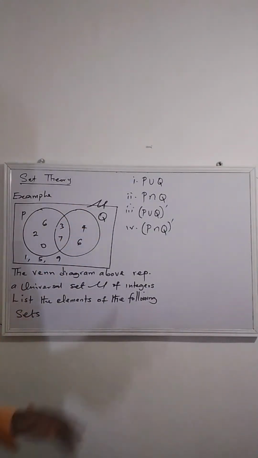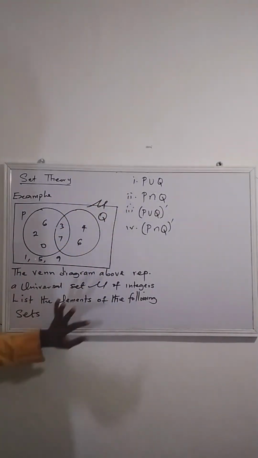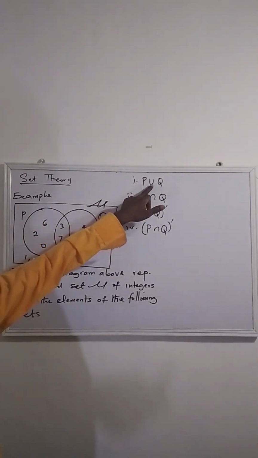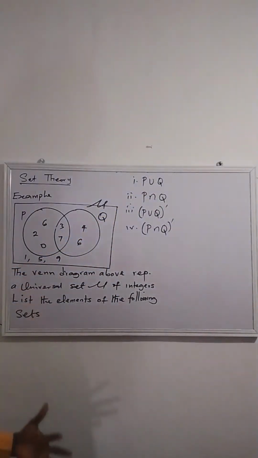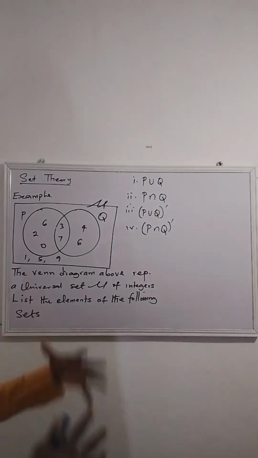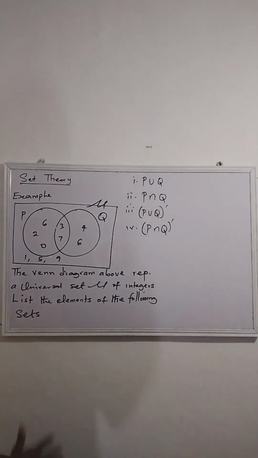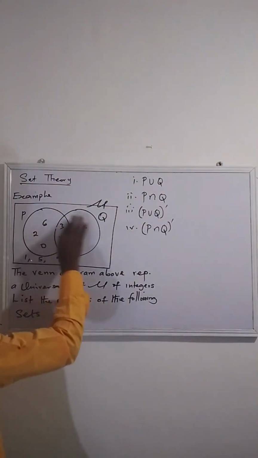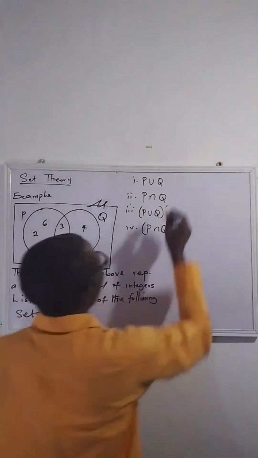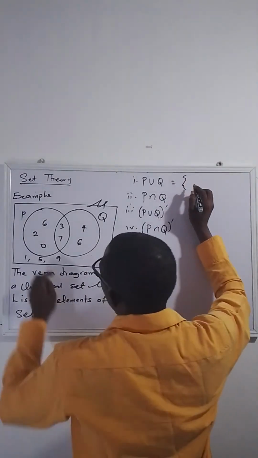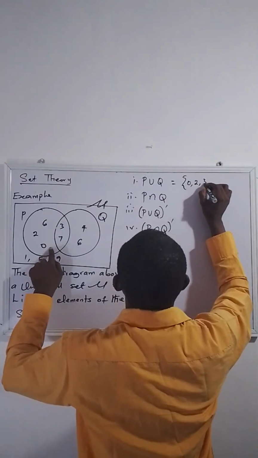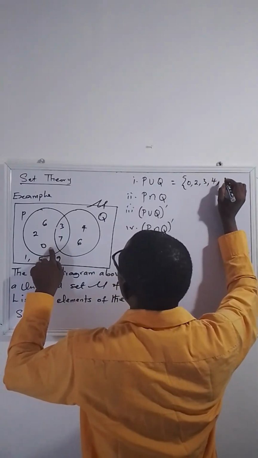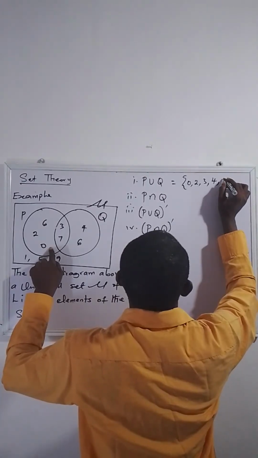Okay, so now let's look at this question. The question asks us to find P union Q. P union Q means we list members of P and Q, the ones we have in this space here. So the answer will be 0, 2, 3, 4, 6.